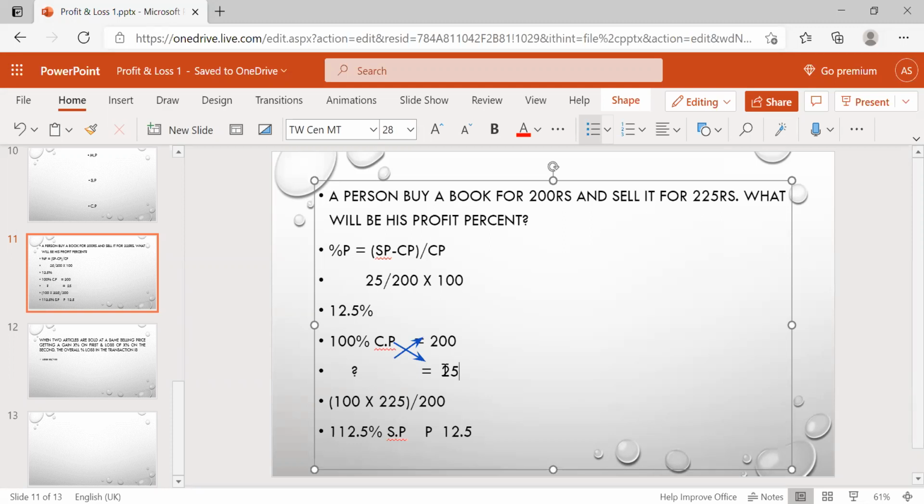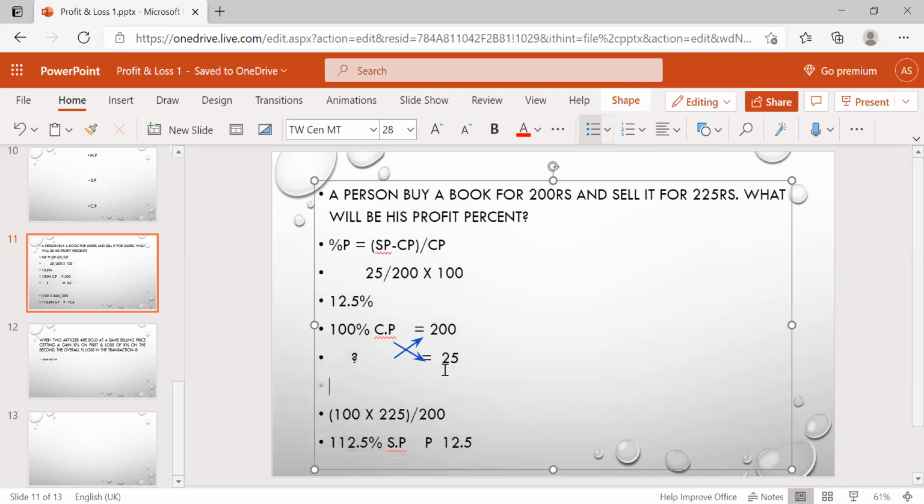So profit is 25. So this profit, what percent of cost price is it? Directly you can take the 25. We already calculated the percentages. 25 by 200 into 100 will give the 12.5%. Everything is same, but you need to understand the concept.